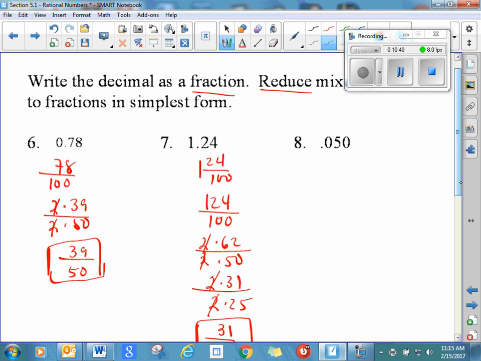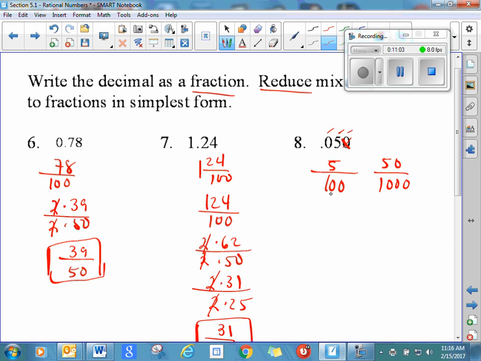Let's look at our last one. This is an interesting one. This is tens, this is hundreds, this is thousands, but you don't need this extra 0 on the back end. So you can just write it as 5 100ths. Now, if you went ahead and wrote it as 50 1,000ths, you're going to reduce to the same thing.